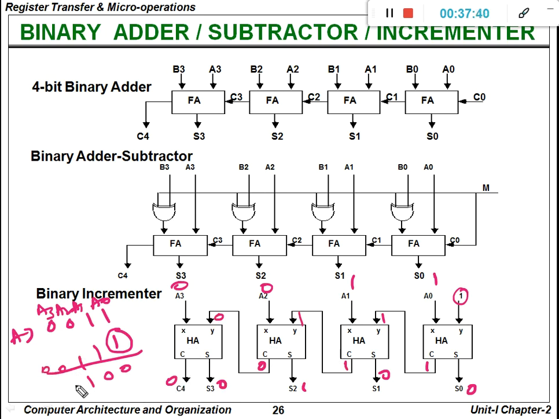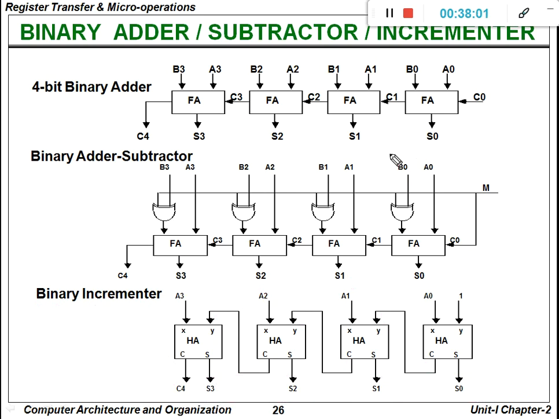So what is the result? 0 1 0 0. 0 0 1 1 means 3, 0 1 0 0 means 4. So 3 plus 1 is 4. Like this a binary incrementer will work.